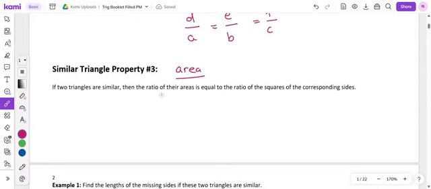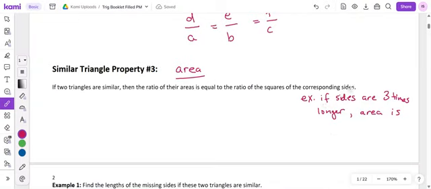So what we found out is that, for example, if sides are 3 times longer, then the area is how much times bigger?